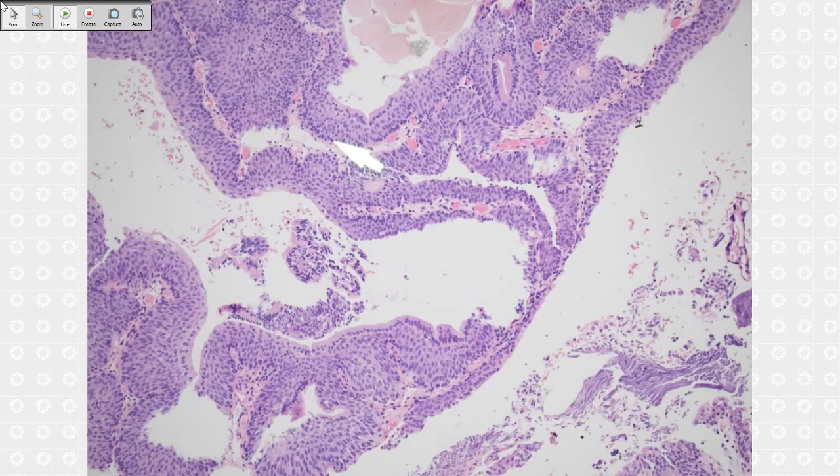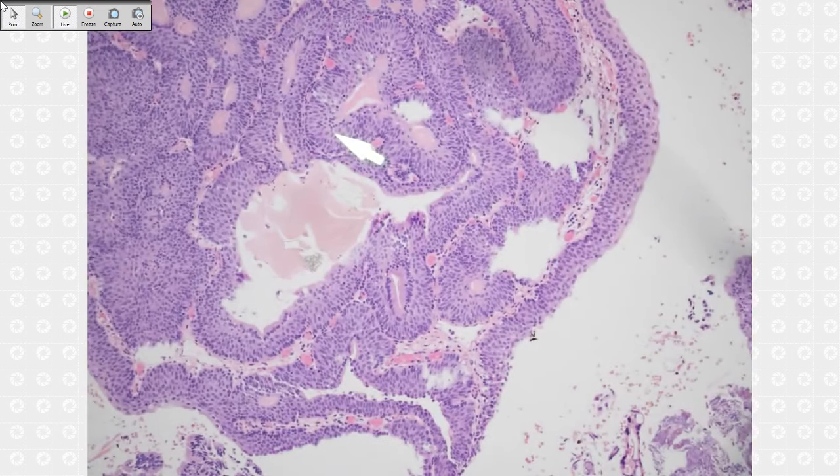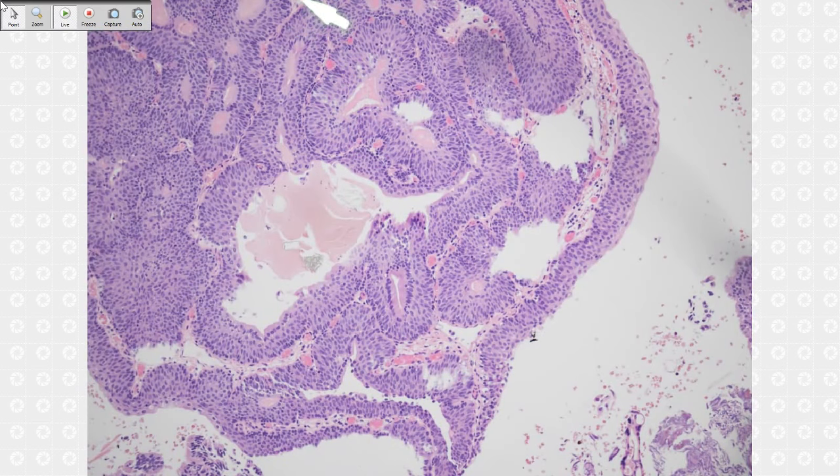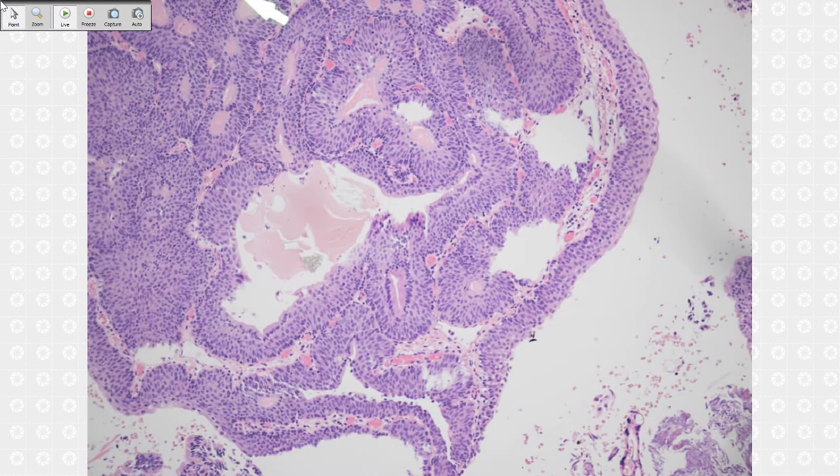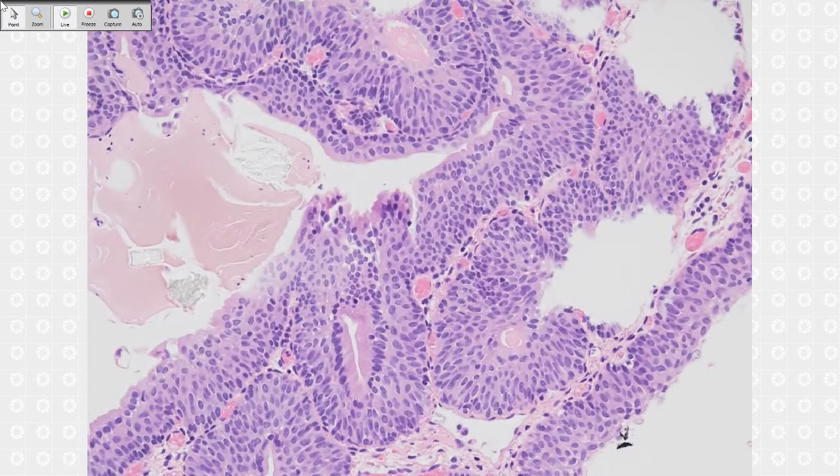If you go to high power, you may see another feature called palisading, right? Peripherally you may see two kinds of cells: usually the peripheral cells have slightly darker nuclei and the center cells may look pale.